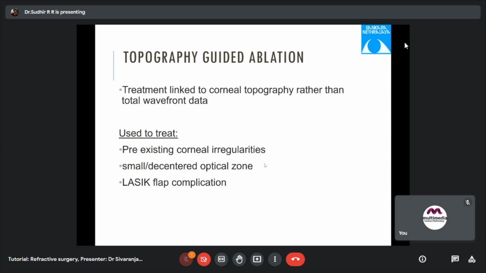We can also use it in myopia refractive error. What is the name of the procedure? Contoura laser, yes, where they use the topo-guided information along with the refractive error so that it is more customized. Whereas when we use wavefront aberration, it is wavefront guided. When you use topography information, it is topo-guided ablation.